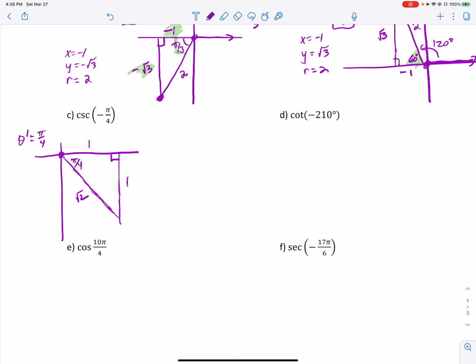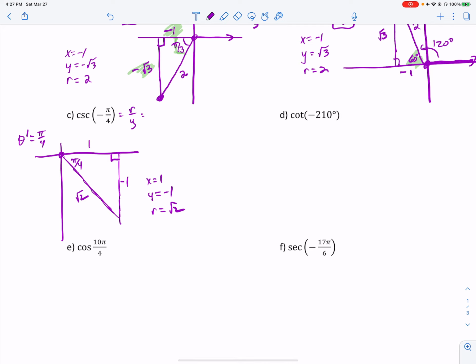So this is 1, and the hypotenuse is root 2. But we're going right 1, we are going down 1, so the y value is negative. So I have an x value of 1, a y value of negative 1, and the radius here is root 2. Cosecant is the reciprocal of sine, so it is going to be your radius over y. It's your hypotenuse over the opposite.